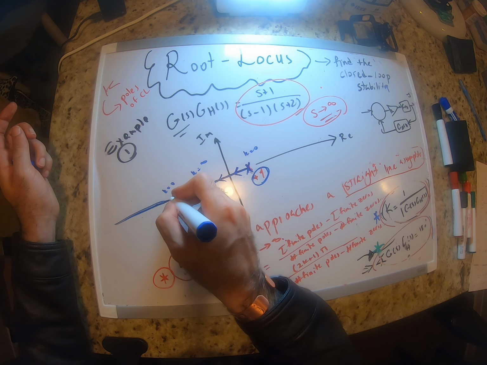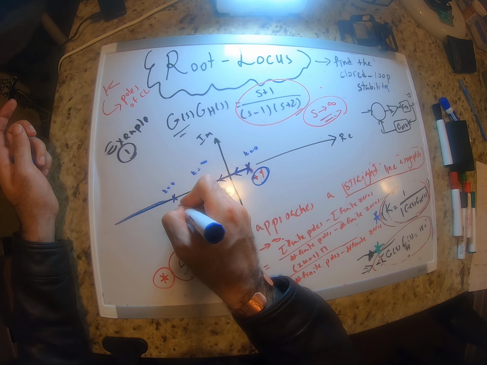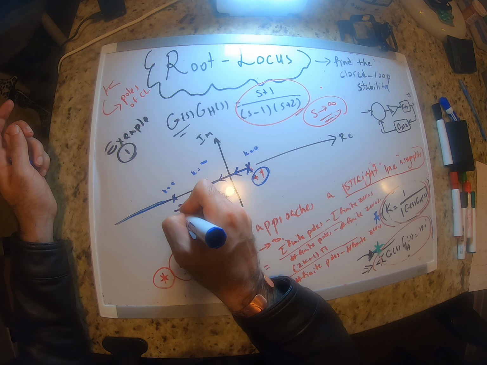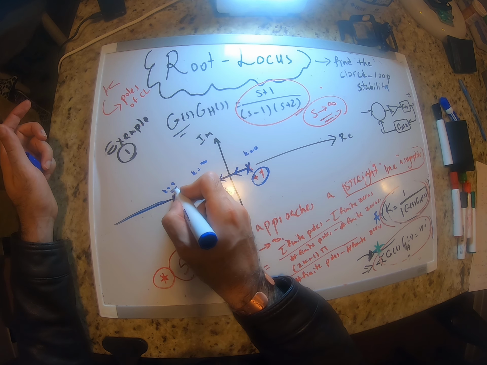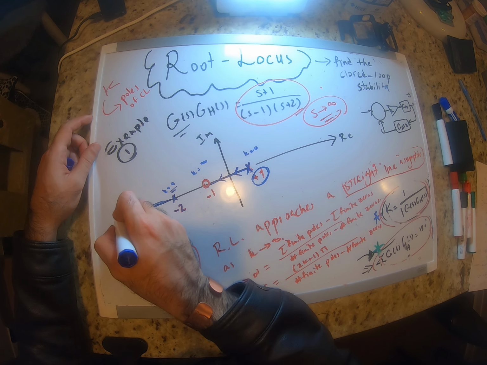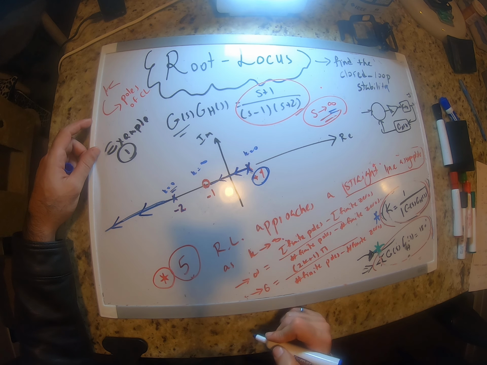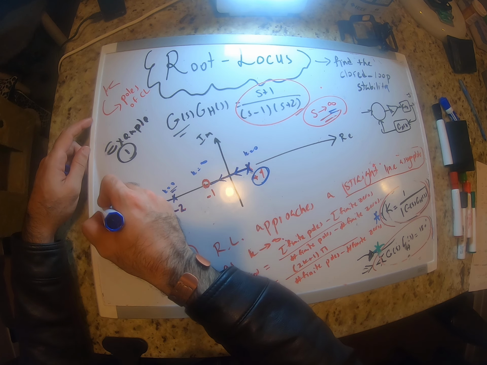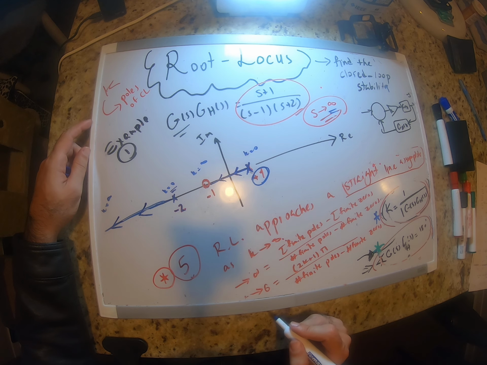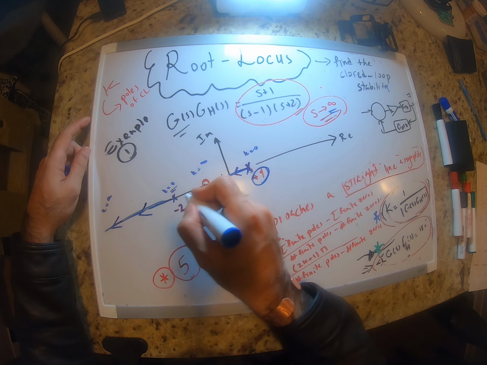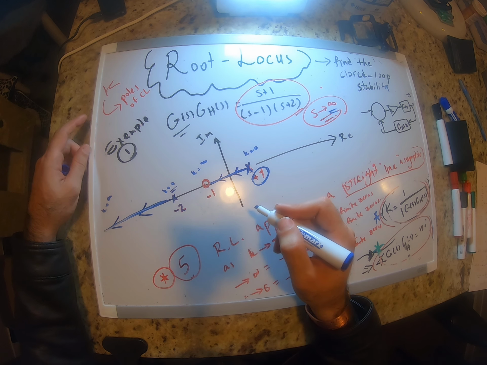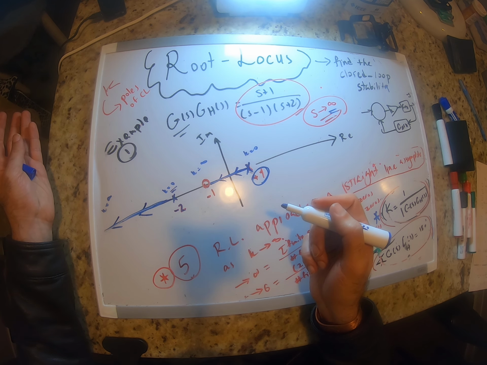The other pole of the closed loop system is gonna be at -2 when k is equal to 0, and it's gonna move to negative infinity as k goes to infinity. Okay, so these 2 lines show how the poles of the closed loop system are gonna move.